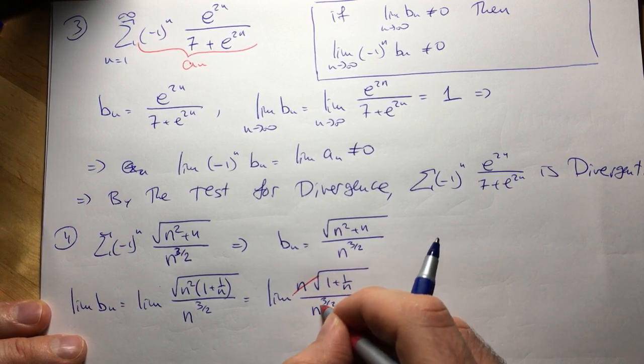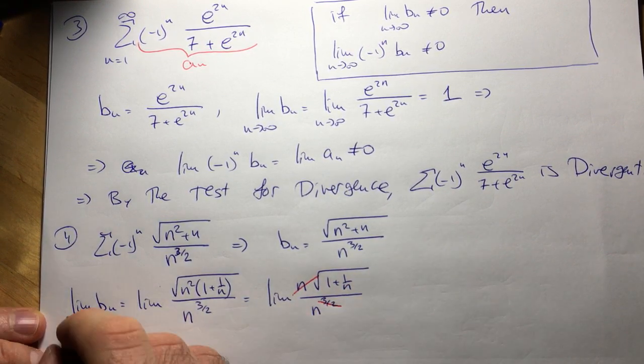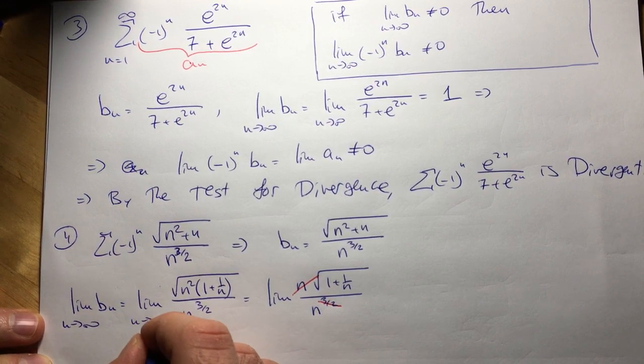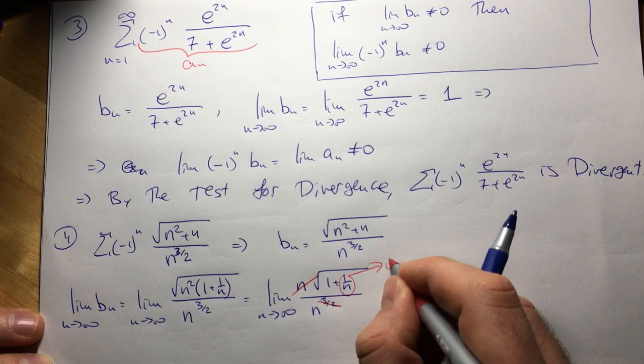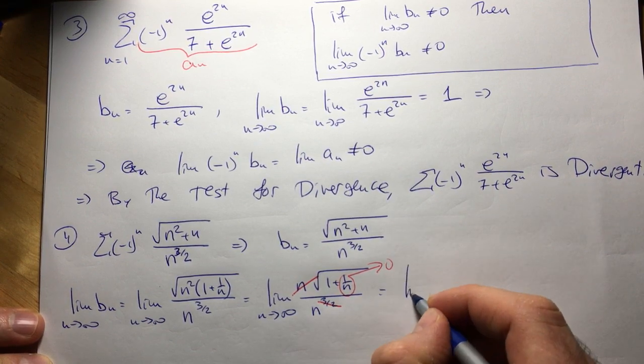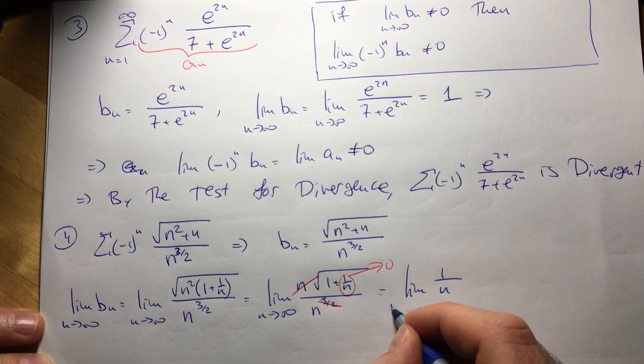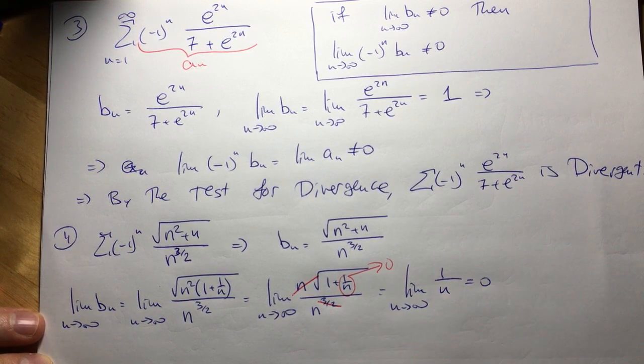Now you cancel this term with one n in the denominator, and then you send n to infinity, which makes this guy go to 0, so this approaches 1 over square root of n as n goes to infinity, and this is 0.